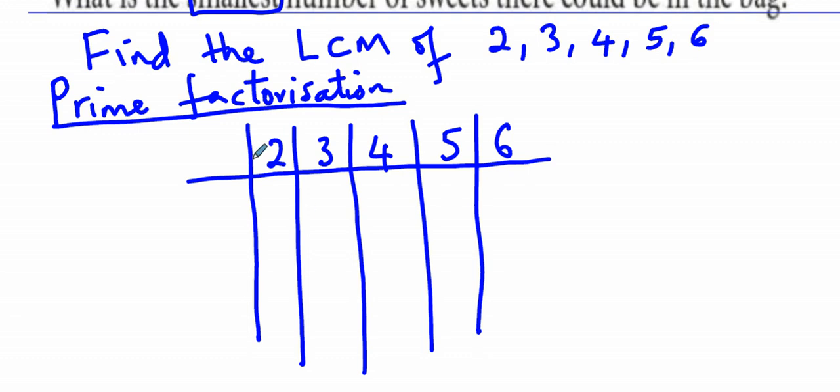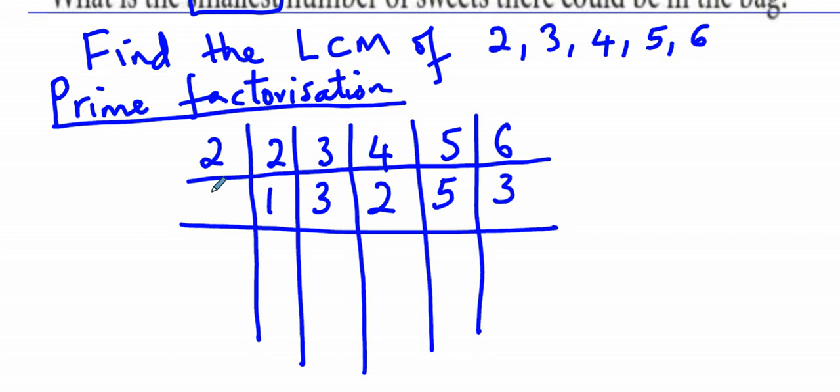So this is divisible by 2, so 2 divided by 2 is 1, 3 divided by 2 leaves a remainder, so copy and paste 3, 4 divided by 2 is 2, 5 divided by 2 leaves a remainder, copy and paste 5, 6 divided by 2 is 3.